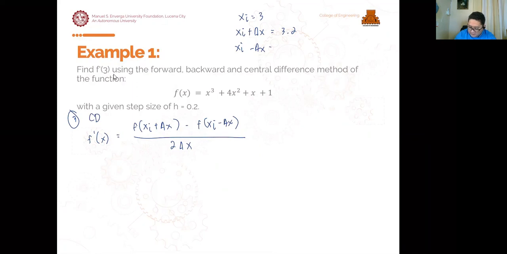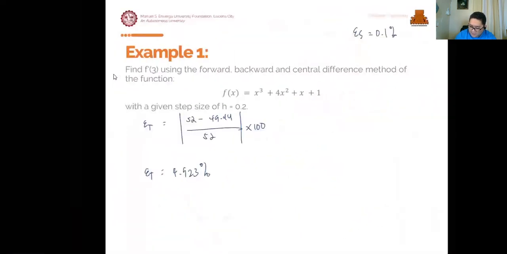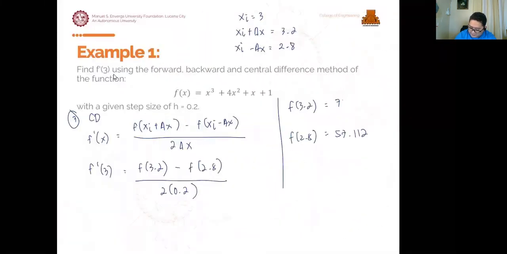Okay? So, fortunately, calculated na natin yan. Yung f of 3.2 tsaka f of 2.8. Kunin natin sa previous problem. So, 57.112 to. Then, yung 3.2 is 77.928. Okay?